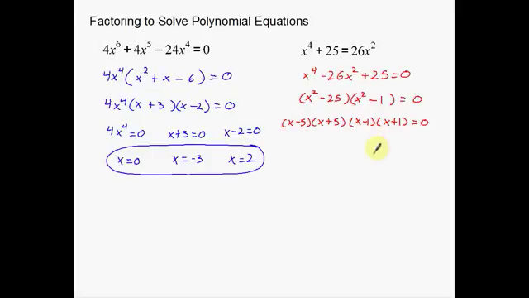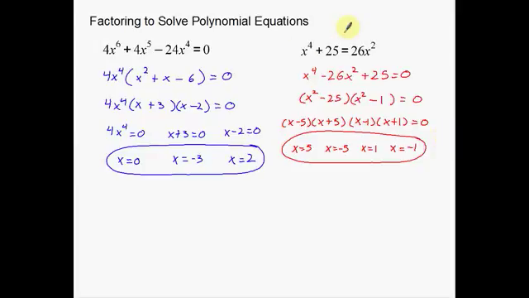You may have already caught on to that with your other lessons. So in this case, I have x equals 5, x equals negative 5, x equals 1, and x equals negative 1. Those are my 4 solutions for this equation.